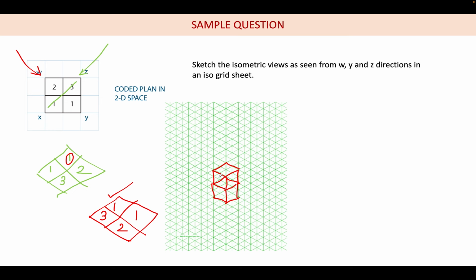So 2 here, then 3 on my left side. More in the top row. Here there will be 1.